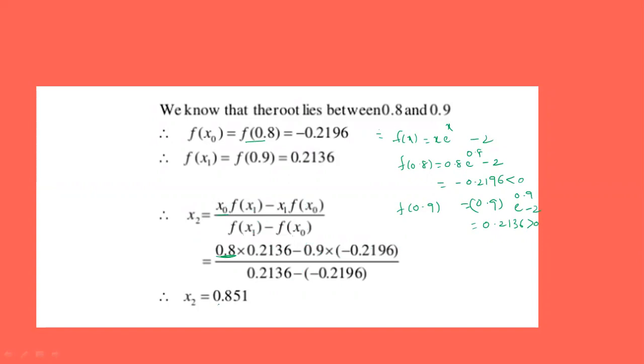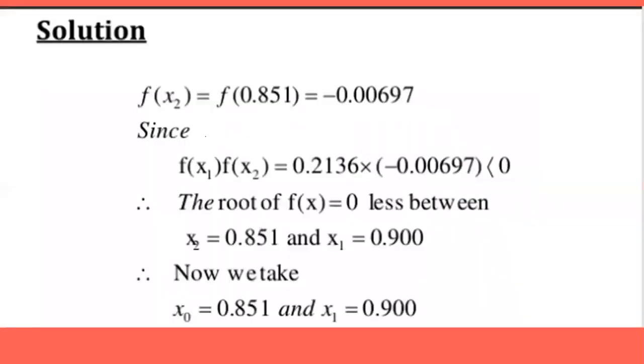And if you simplify it, you will get 0.851. That is your x2. Next, find f of x2. That is f of 0.851, that is 0.851 into e power 0.851 minus 2. If you simplify it, you will get this value. That is less than 0.